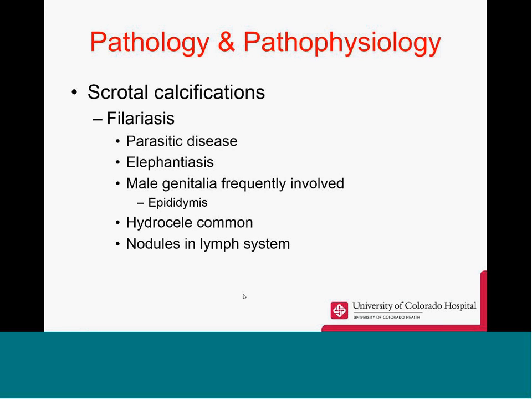Other scrotal calcifications that you might come across is filariasis. It's a parasitic disease caused by mosquito-borne lymphatic-dwelling nematodes, and it's a common tropical parasite with about 120 million people affected in the world, in which 2/3 are in Asia.